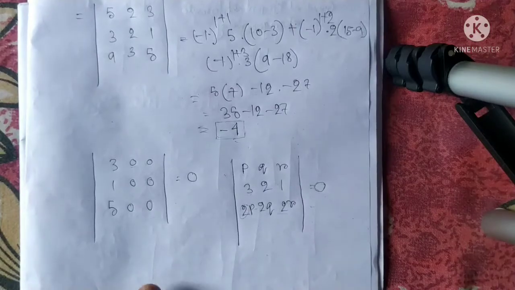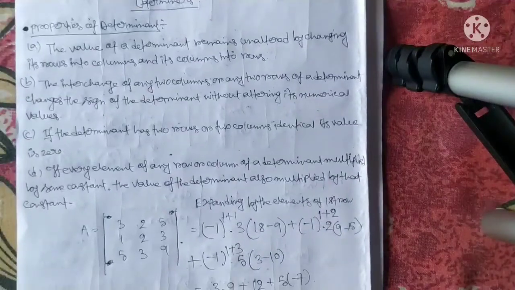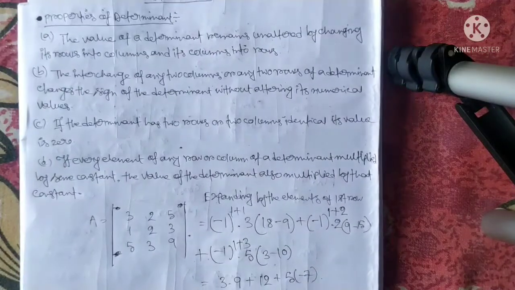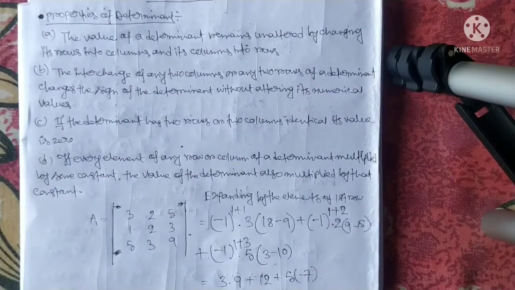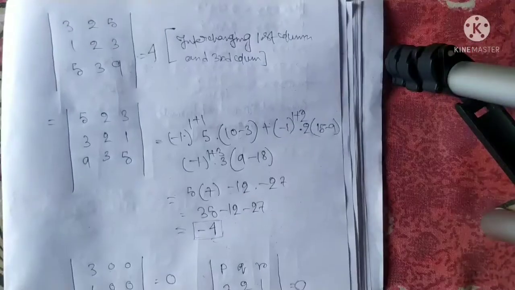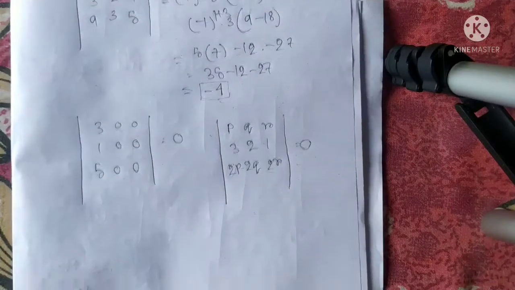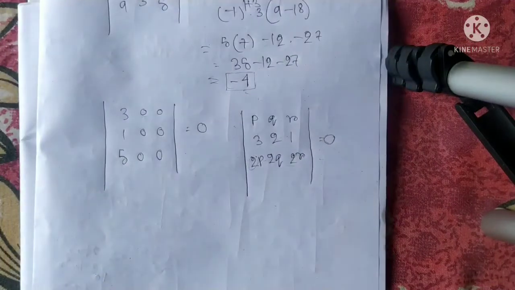So this is an important rule, an important property of a determinant. Now the fourth is: if every element of any row or column of a determinant is multiplied by some constant, the value of the determinant is also multiplied by that constant. It means that the value of the determinant is multiplied, not necessarily that all the elements need to be multiplied.